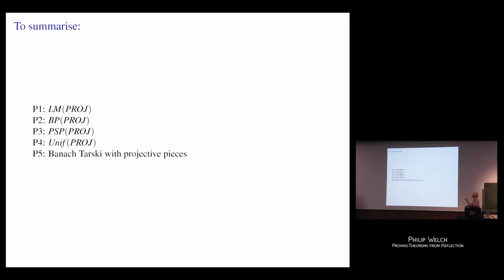So to summarize, I've just put down here these P1 to P5: the Lebesgue measure, Baire property, perfect subset property, uniformization. I've deliberately chosen questions that are more closely related to analysis than crop up in usual meetings like this.